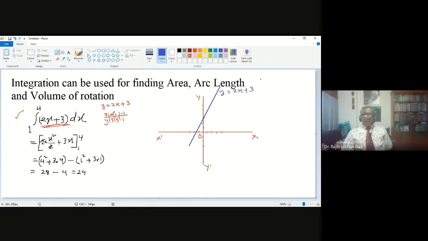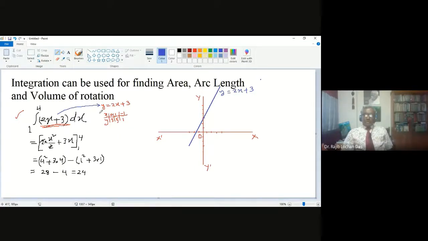The function we have integrated here, we consider as our function, and then we draw the graph. So this is the graph, and the x value is given as a range from 1 to 4.